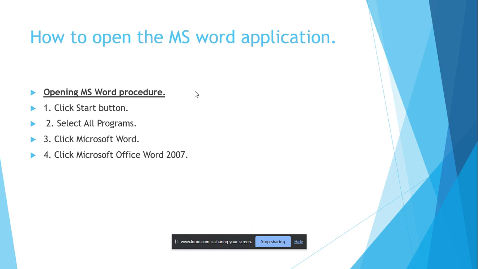So we have the start button. Click on it, then click on all programs, then click on Microsoft Word, and then the Microsoft Office. Depending on the version that you are using, it will be indicated on that part. So it all depends on the version of Word that you're using.